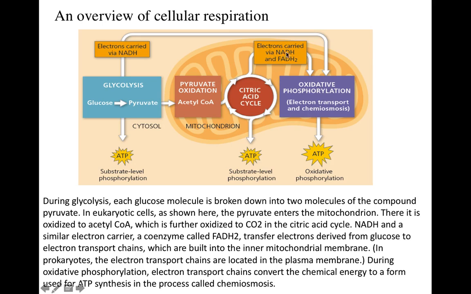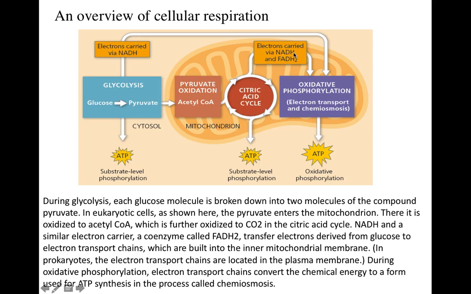So it's a dinucleotide formed by the fusion of two nucleotides via phosphate bonding. So nicotinamide and adenine, these two nucleotides are joined together to form nicotinamide adenine dinucleotide. And in case of flavin adenine dinucleotide, these are flavin and adenine. So dinucleotide means two nucleotides.